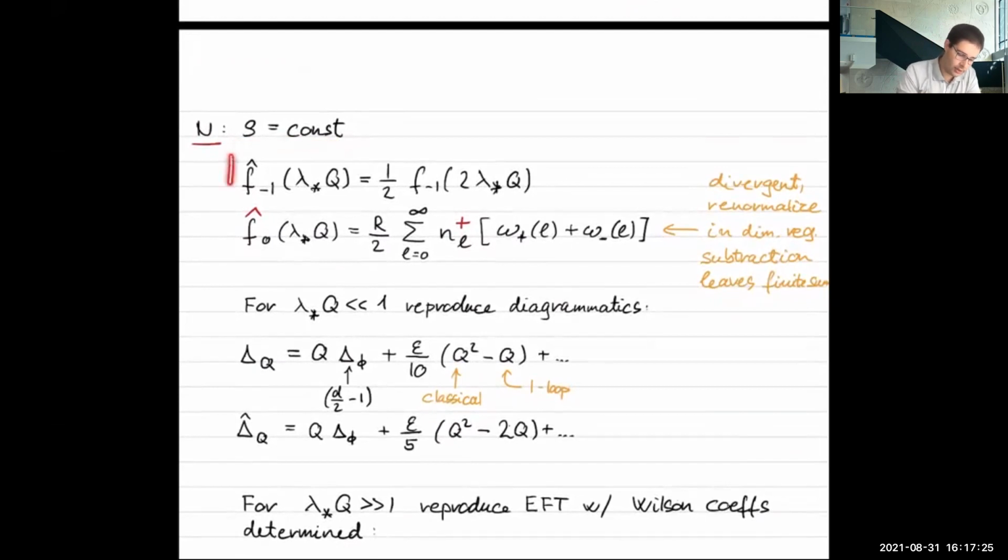The hatted version of these non-trivial scaling functions take the following form. The classical piece is just 1/2 times the bulk result, where again there's this factor of 2 for Q, but the one loop piece is very different.